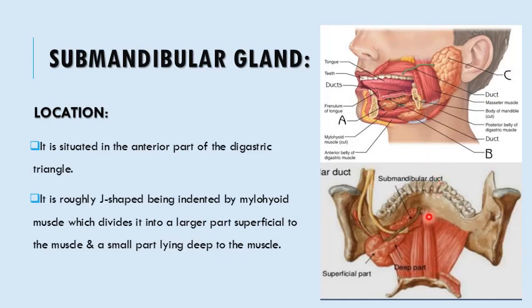In this next diagram you can see the posterior view. Here the deep part of the submandibular gland is more prominent, and it is continuous with the superficial part of the submandibular gland. In between this is the mylohyoid muscle.